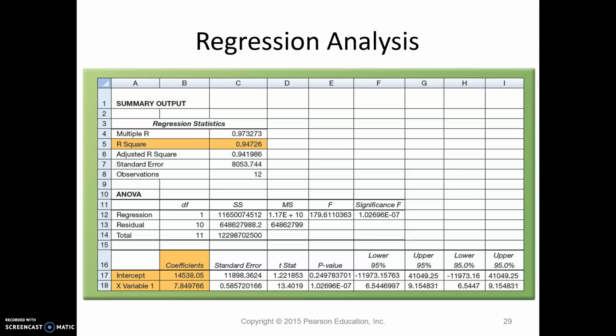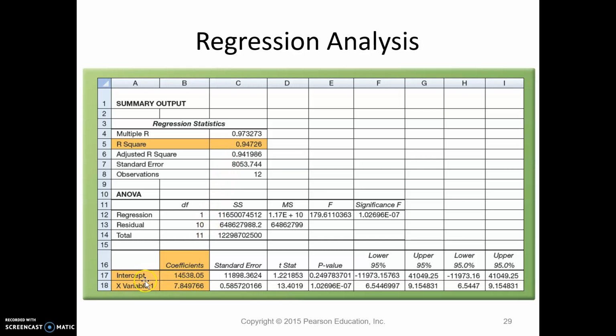If you use Excel, you'll get a report like this, and the important things to look at are R-square, which tells you the strength of the correlation between volume and costs. This one is 0.94, so that's a very strong correlation. Anything 0.8 or above indicates a strong correlation that you can rely on.